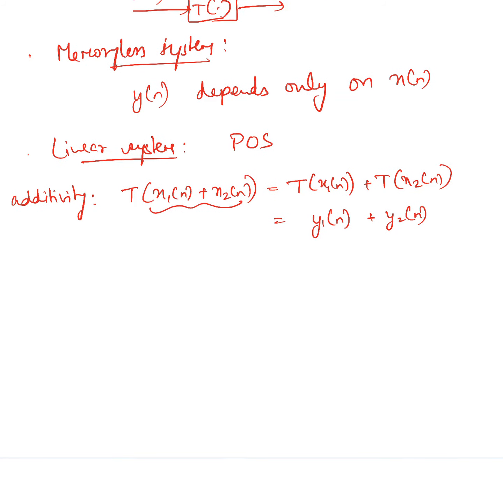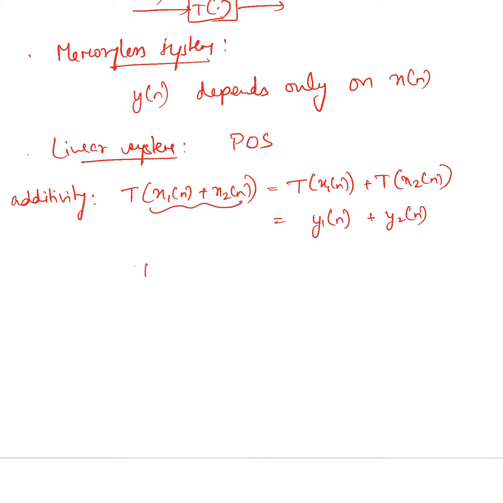The second property is, let's say if I apply an input to the system which is multiplied by some scalar a, then the output should also be multiplied by the same scalar a.